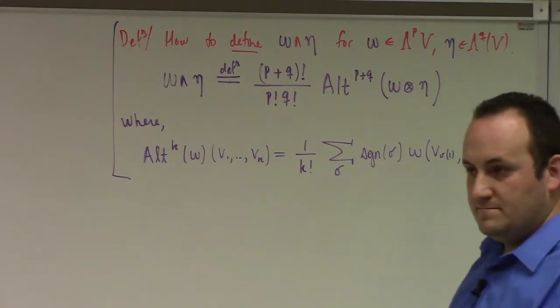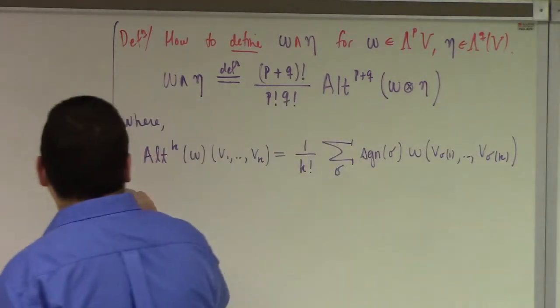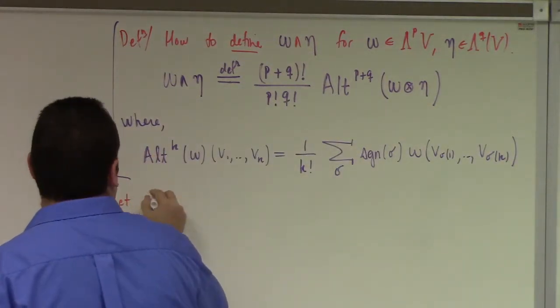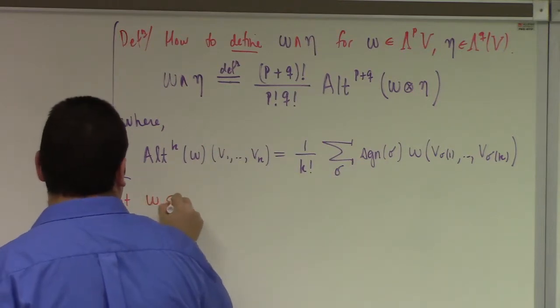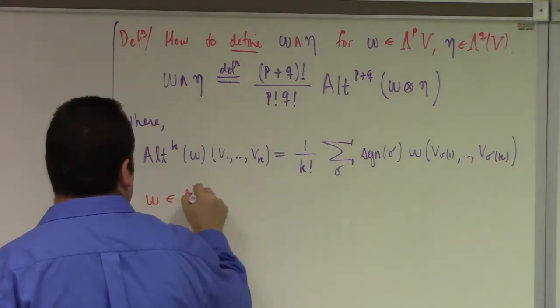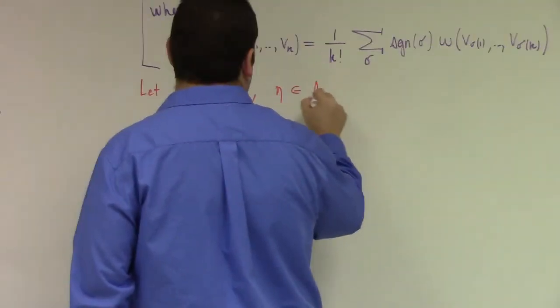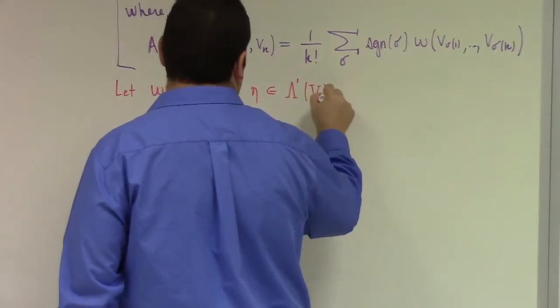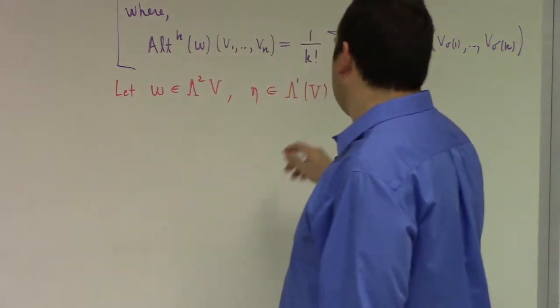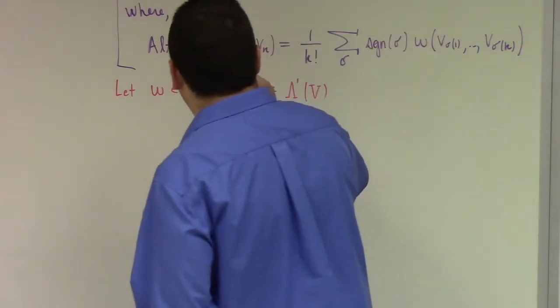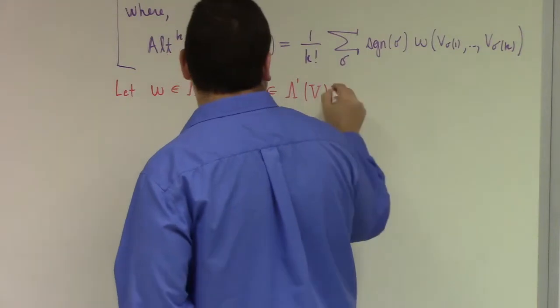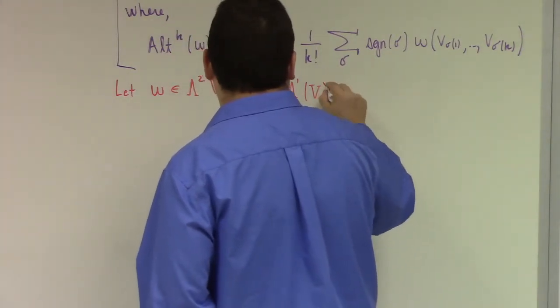So let omega be a 2 form on V, and let eta be a 1 form on V. Let's do forms actually, I think it's more natural, because then we'll let them act on vectors, and that'll be all.